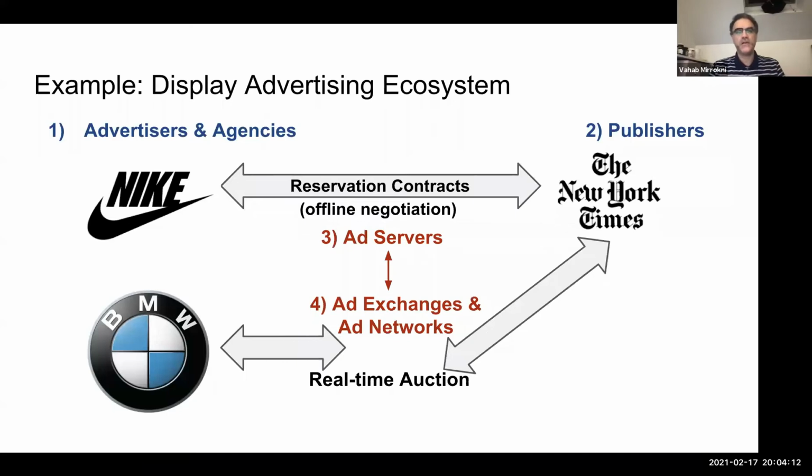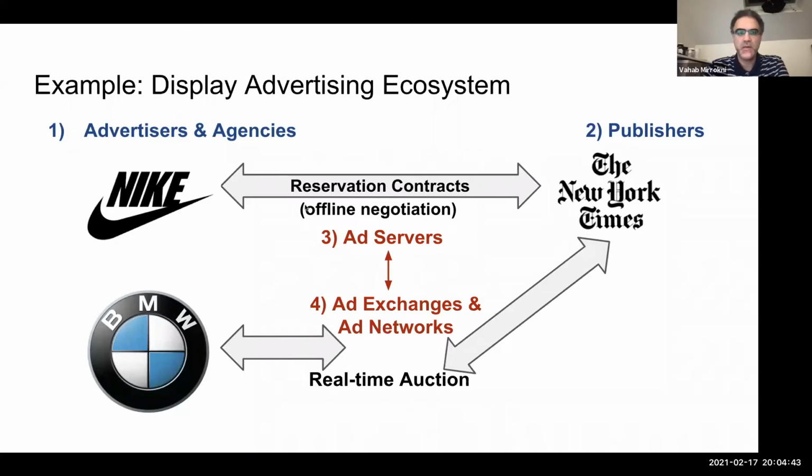Let me give you a couple of examples of advertising ecosystems. Let's start with the display advertising ecosystem. In this ecosystem, there are four major types of players. There are advertisers and agencies that want to show their ads. There are publishers who provide content, and they show these ads to fund their content.